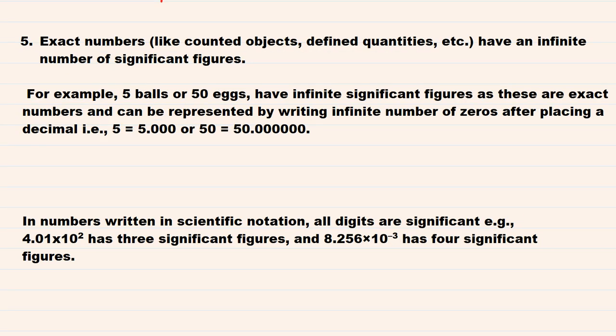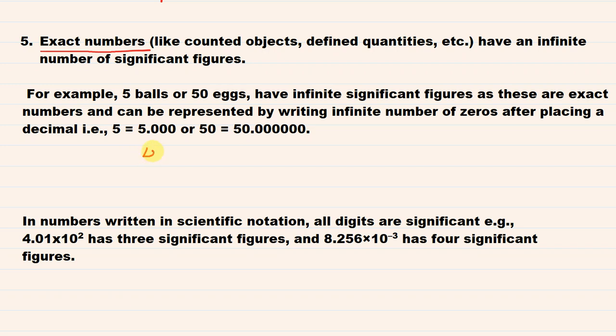Let's see rule number 5. It says that exact numbers, like counted objects and defined quantities, have an infinite number of significant figures. For example, 5 balls or 50 eggs. These will have infinite significant figures because these are exact numbers. And we can represent them by writing an infinite number of zeros after placing a decimal. If you see, the 5 can be written as 5.000.